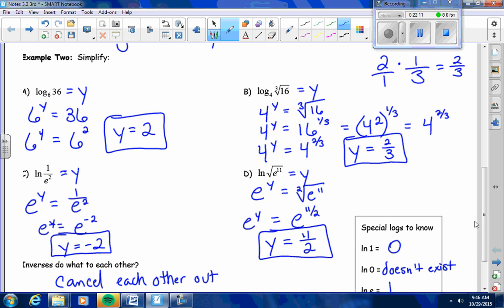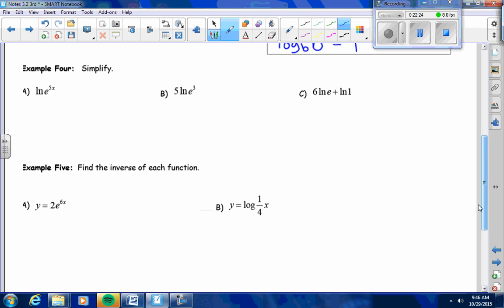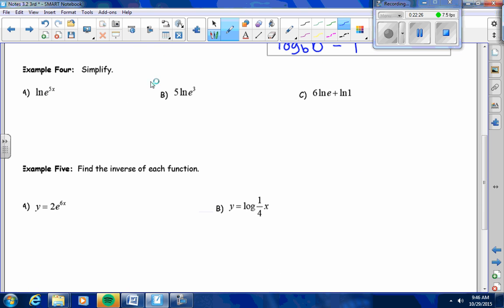Negative 2. Okay. All right, so let's flip back over. Now that we know those little tidbits, let's look at example 4. Simplify. Natural log of e to the 5x. What should that answer be? 5x.